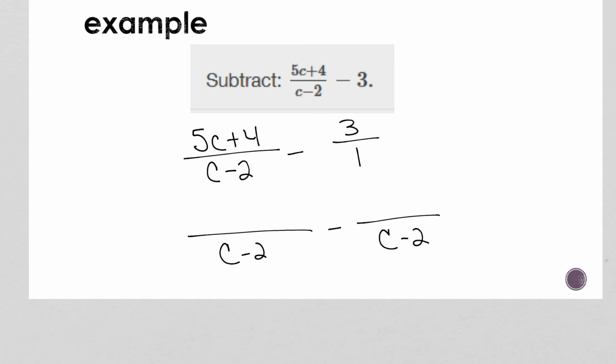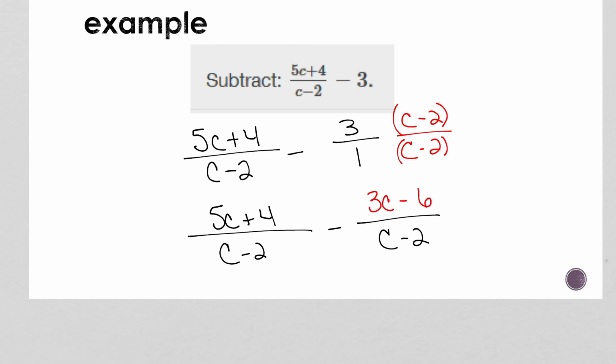Okay? So from here to here, I'm not missing anything. So my numerator does not change. Okay? From here to here, I need to multiply by c minus 2. Okay, so I end up with, in the numerator, 3c minus 6.